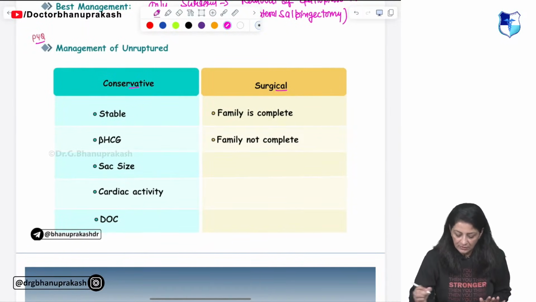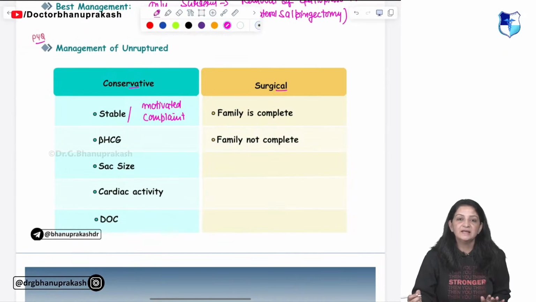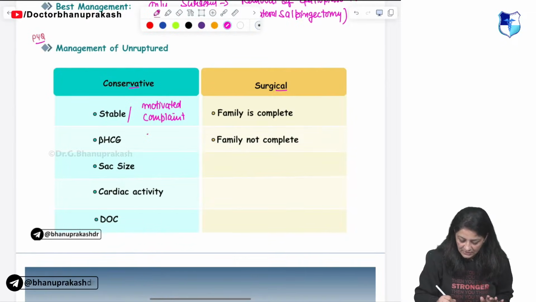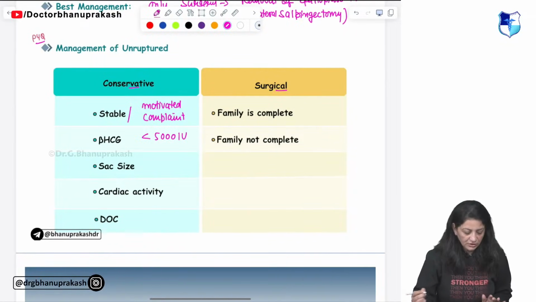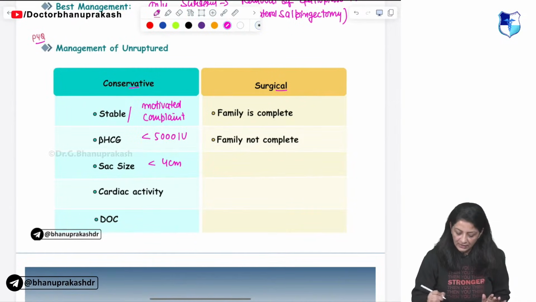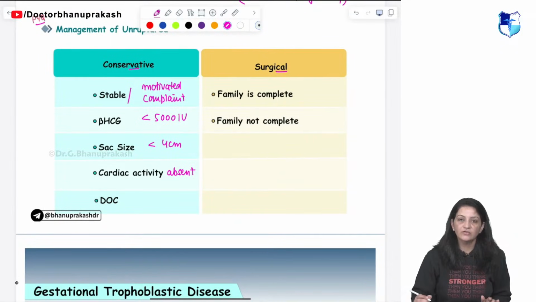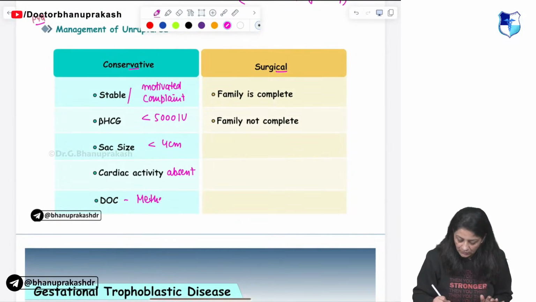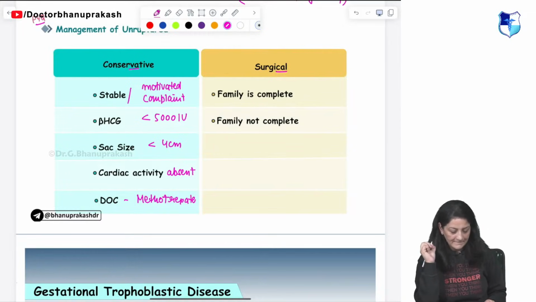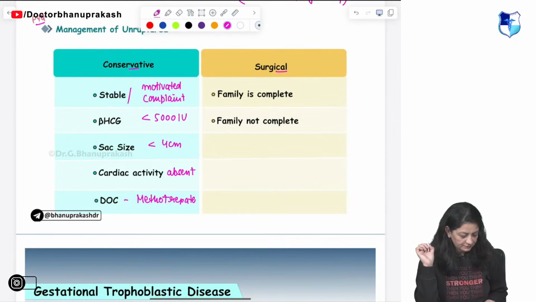See, if the vitals are stable, the patient is motivated, compliant, Beta-HCG levels less than 5,000 international unit, sac size is less than 4 cm, cardiac activity absent, then the drug of choice is methotrexate. Methotrexate is the drug of choice. So this is the conservative management of unruptured ectopic pregnancy.